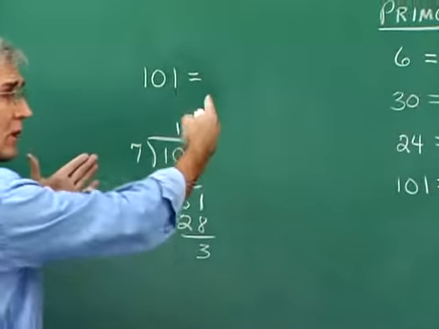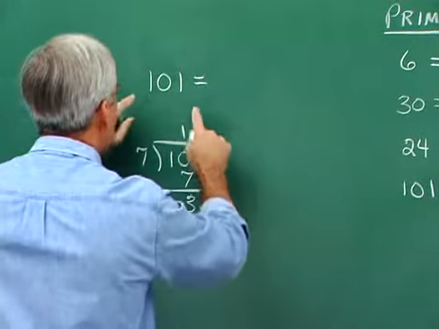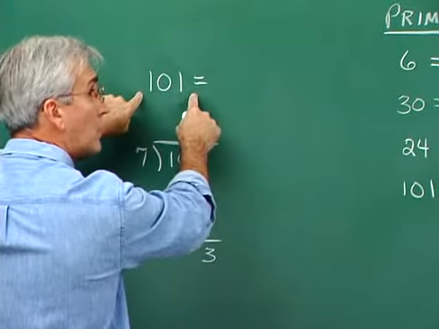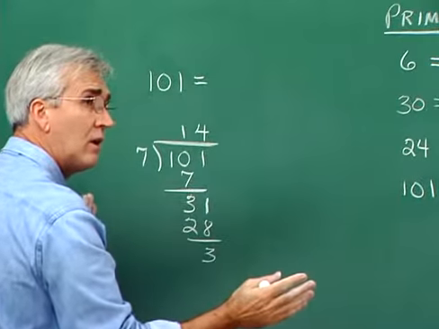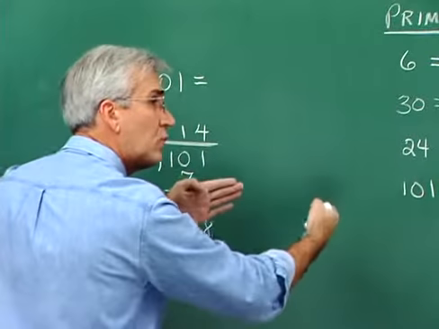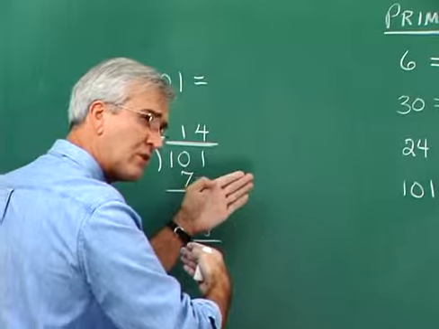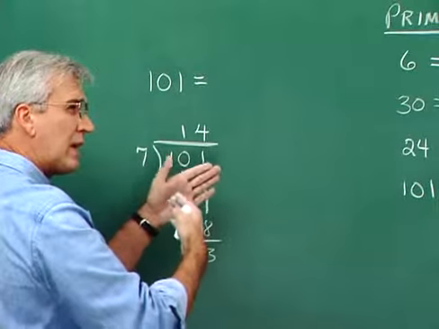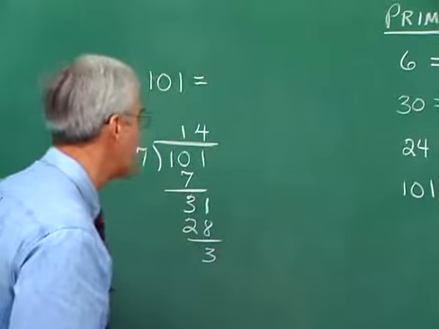Now, 10 squared, we didn't try 10 because 10 isn't prime, but 10 squared is 100, and this is just 101. So as soon as we get to 11, we've gone too far. You see, we've gone to a point where the other factor would be smaller than the one that we're using to test, and so if it were valid, then we would have already found it. You see, that's the idea.